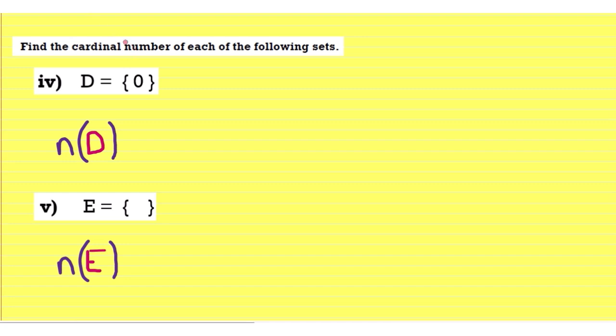Our next problem or question asks us to tell them the cardinality of set D. Set D is equal to the set containing the number 0. So literally 0 is a number, so it's literally just 1. The cardinality of set D is equal to 1. Okay?